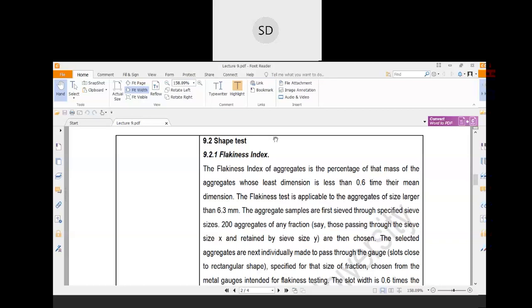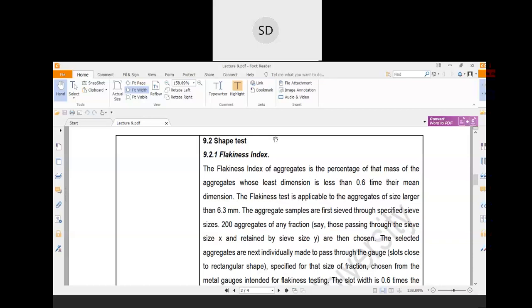Suppose you have some portion of the aggregate which passes through a 30 mm sieve and is retained on a 25 mm sieve. In that case, the gauge thickness would be 0.6 into (30 plus 25) divided by 2. So basically that is the mean dimension and 0.6 times the mean dimension. In this way, the gauge dimensions are fixed.